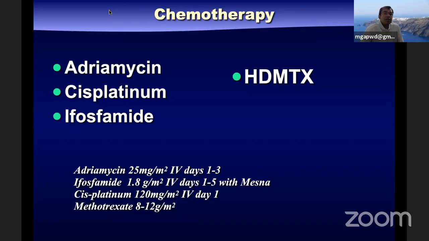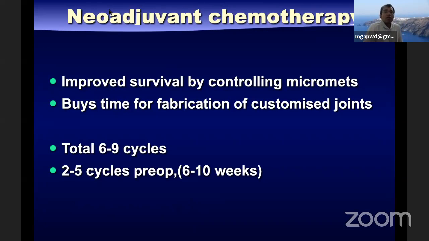And therefore, again, this chemotherapy, just like surgery, has to be handled by medical oncologists who are experienced with this kind of chemotherapy rather than by just anybody who can do it. Even high-dose methotrexate requires understanding, requires some experience, requires monitoring, and cannot be taken lightly. Now, what does chemotherapy do?